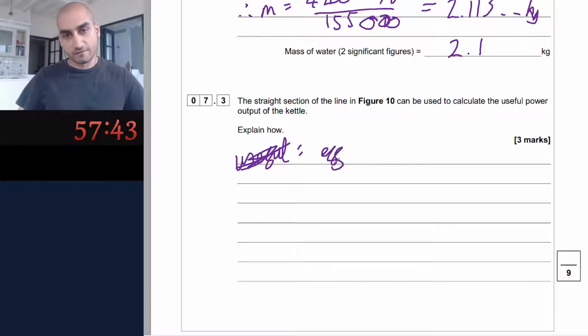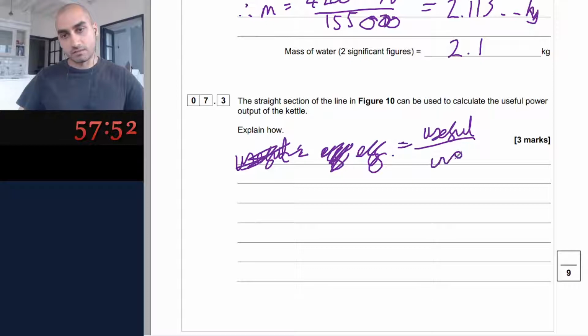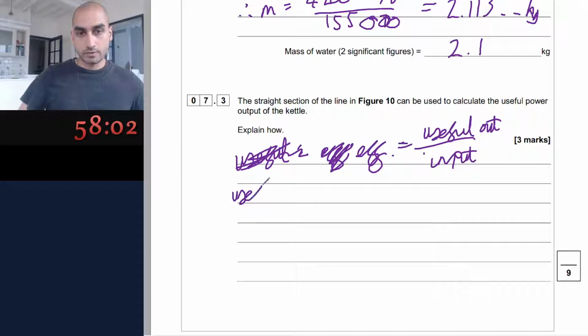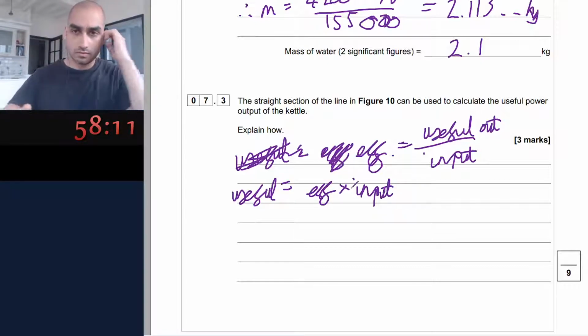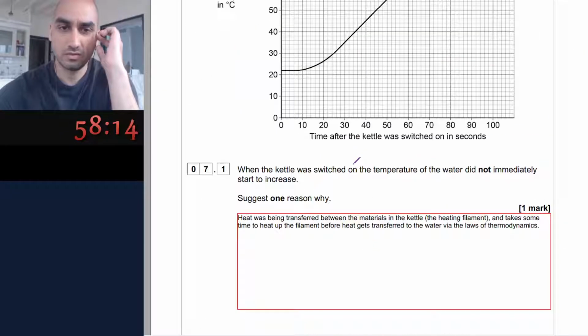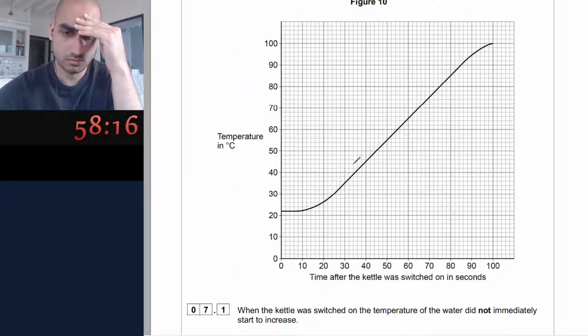Okay, so efficiency equals useful out of input. Useful power output. So useful equals efficiency times input. What?